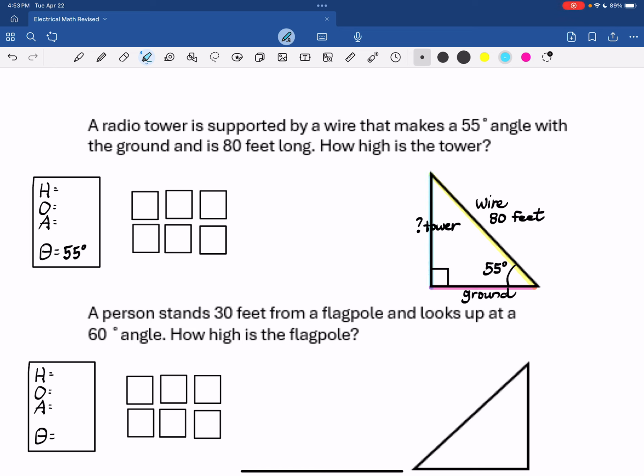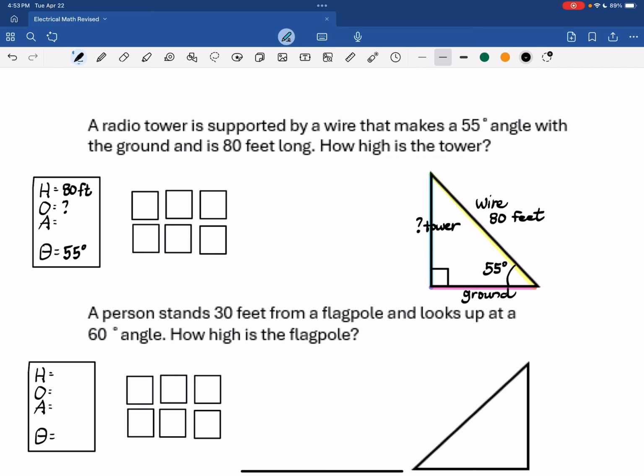So those are the pieces of this puzzle as we've learned them. We know H, we know hypotenuse is 80 feet. We are looking for O. We don't know A in this problem, and we don't need to. A, the adjacent side, the ground, is not relevant to this problem.